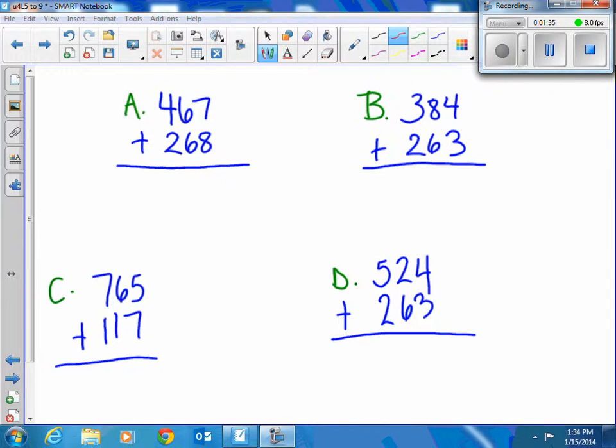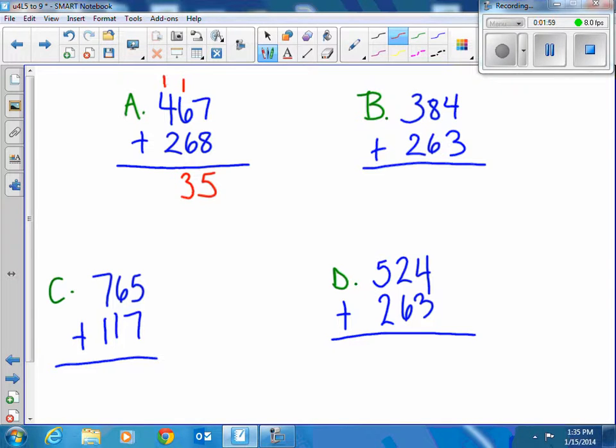Ones place. That's right. 7 plus 8 equals what? Okay, that's 15, so we put our 5 down and carry the 1 above because we're doing the new groups above. Or if you did the new groups below, you can put them on the line, right? So next, tens place. 6 plus 6 is 12 plus the 1, that's right, is 13.